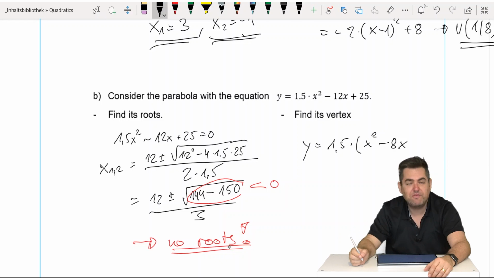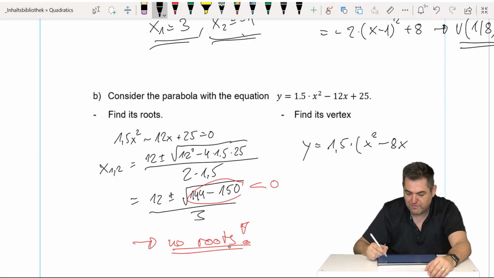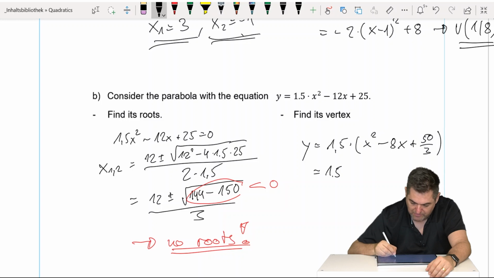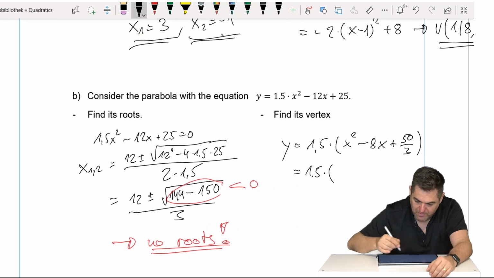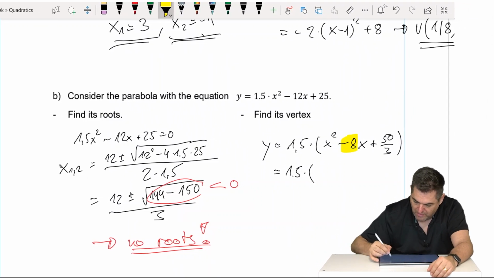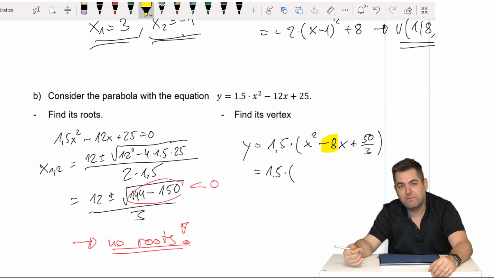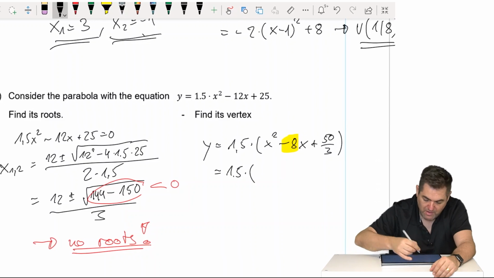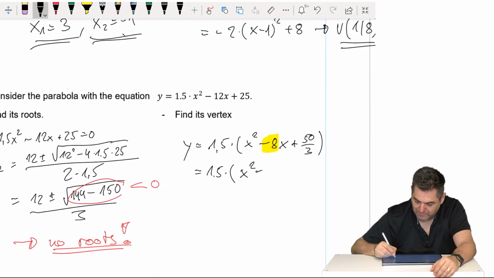And 25 divided by 3 halves is 25 divided by 3 times 2, it's just 50/3. Then I take this number here and divide by 2, it's 4, then I square it, we get 16, and I add and subtract this 16 here.